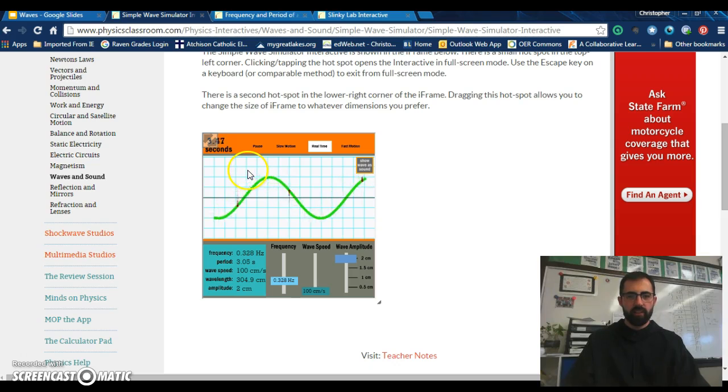So wavelength is the time it takes this red point here to get to the top and back to the top again. That's one wavelength. Here this wave is going at 100 centimeters per second. There's a frequency, which we'll look at next, of 0.3 hertz. That means we have about 0.3 wavelengths passing by every second. So we'll come back to that in a few minutes.